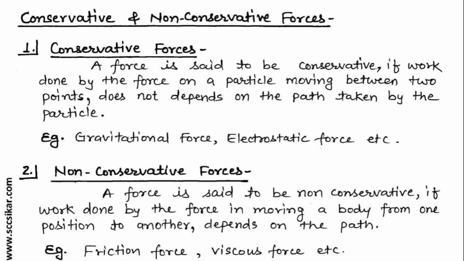The path can be changed by other factors such as air resistance, but at last the object falls under the effect of gravity. A non-conservative force is one where the work done in moving a body from one position to another depends upon the path. For example, friction force always depends upon the path and the nature of the path.